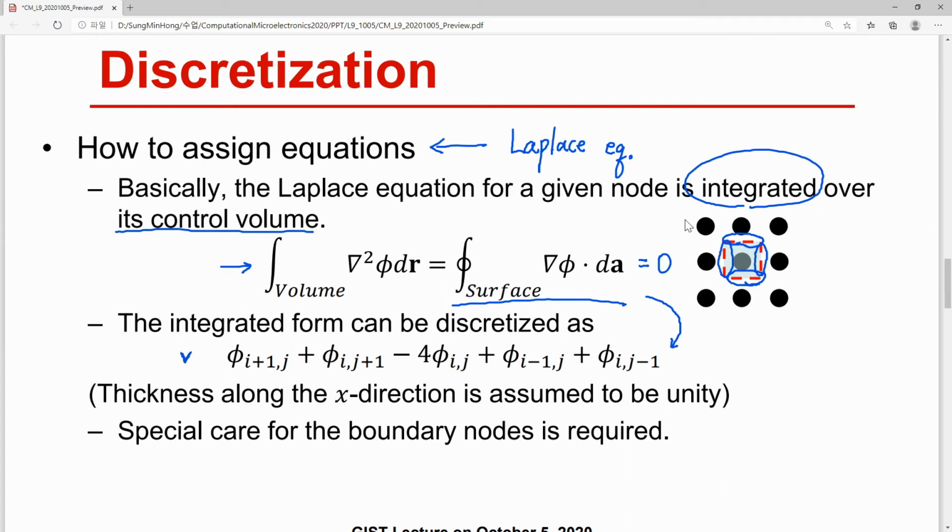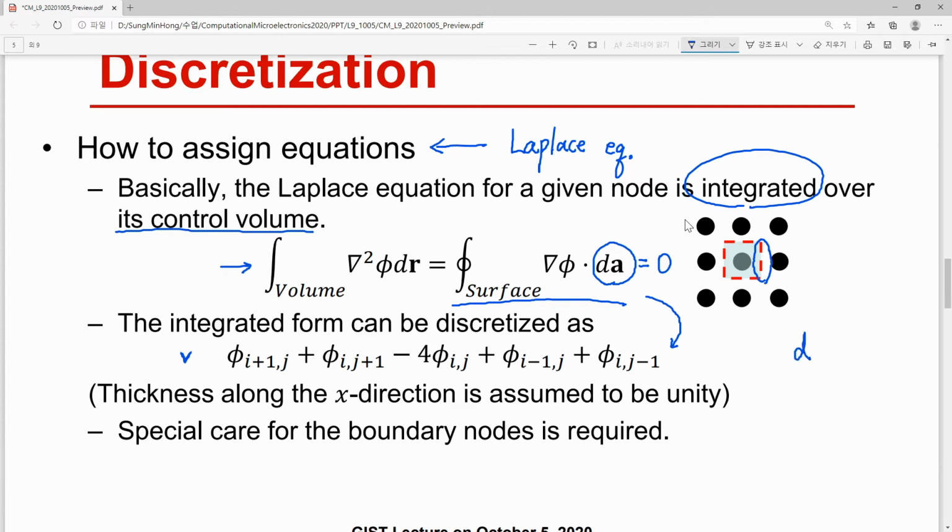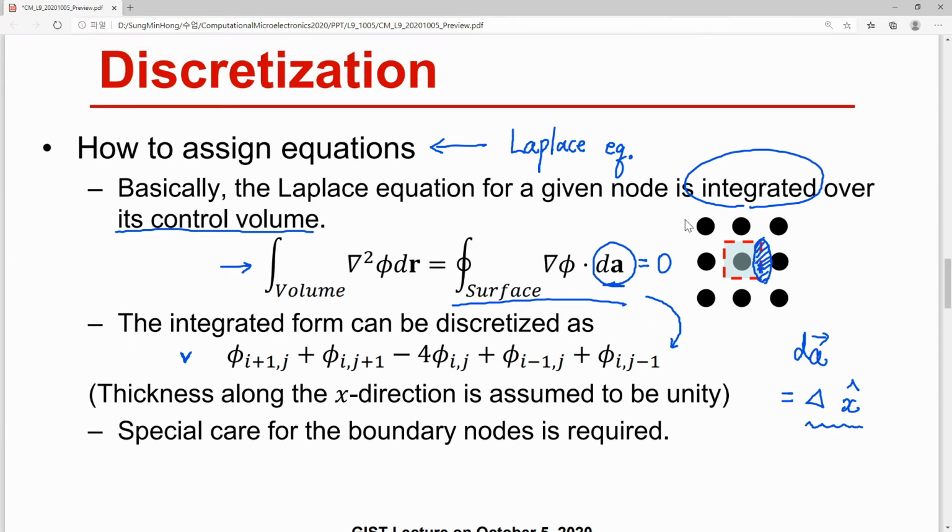So our surface integral can be decomposed into 4 different integrals. And here, since dA is a vector component, for example, when we consider this surface, then now dA can be approximated as just delta, which is corresponding to the length, and x directional unit vector. That is the approximation for our dA component for this right surface.